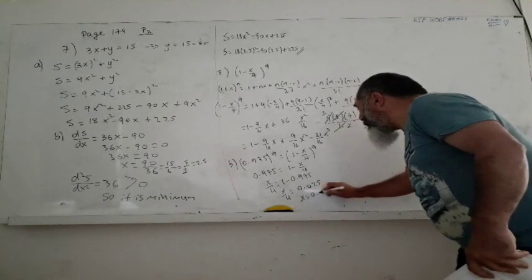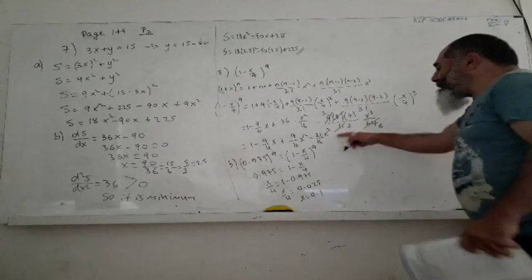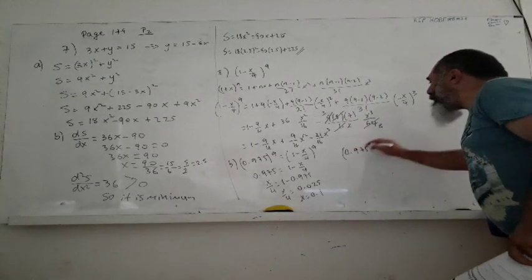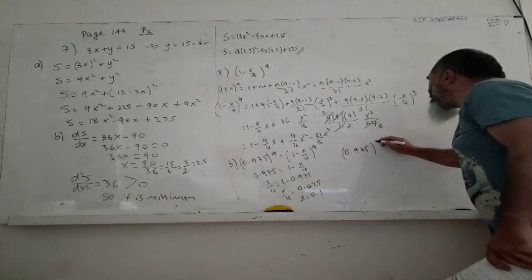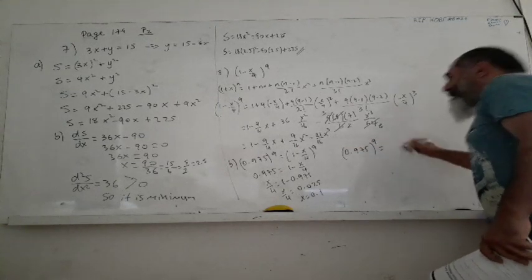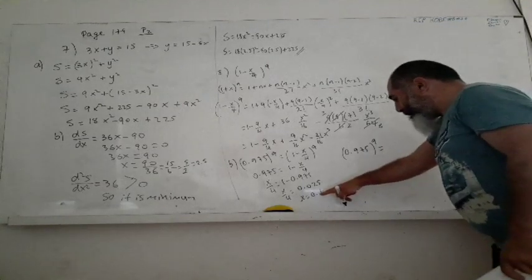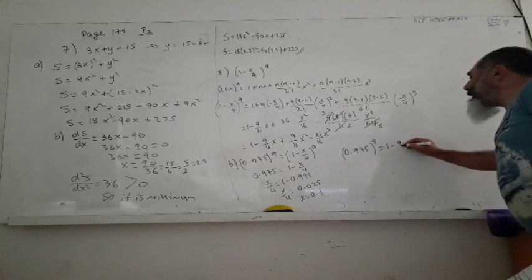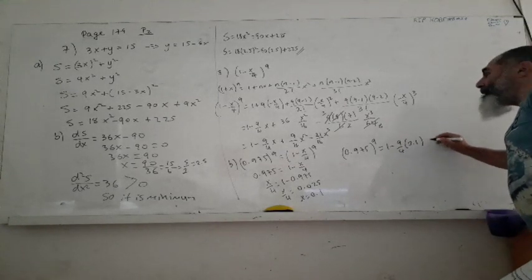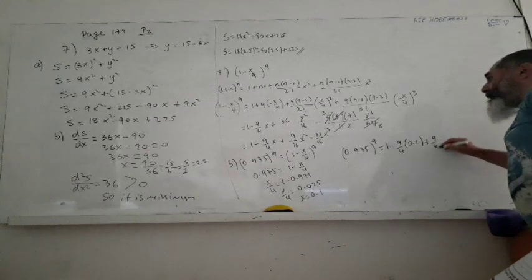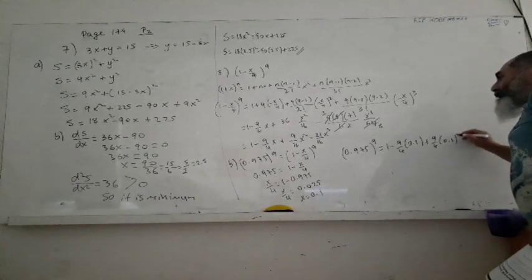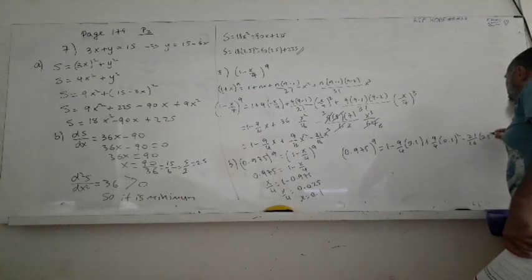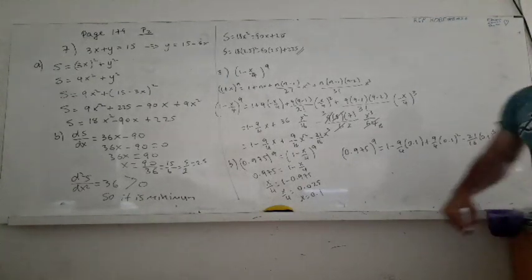In the expansion here, to be able to find the approximate value for 0.975 to the power of 9, we have to substitute 0.1 for x. 1 minus 9 over 4 times 0.1 plus 9 over 4 times 0.1 squared minus 21 over 16 times 0.1 cubed. And let's calculate the value here.